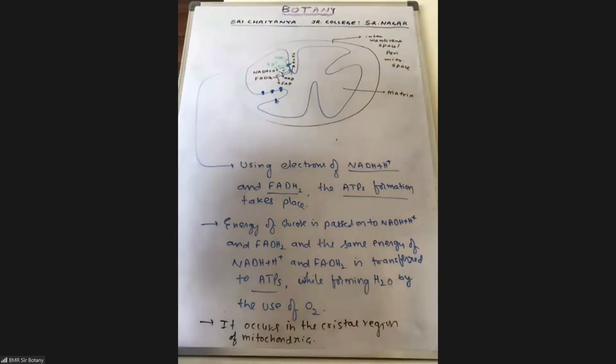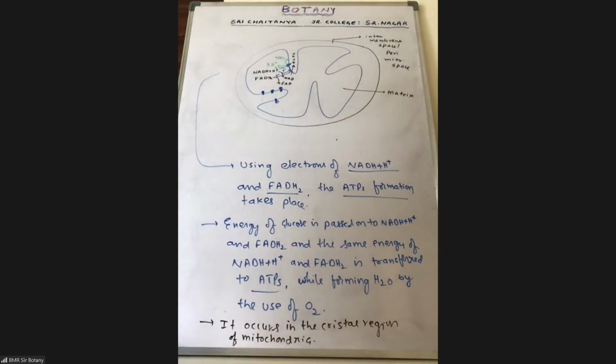That is with the help of oxysomes. That's what you are going to see in electron transport. So which part of mitochondria is going to be reservoir of ATPs? Matrix. Which part is protons reservoir? Intermembrane space.